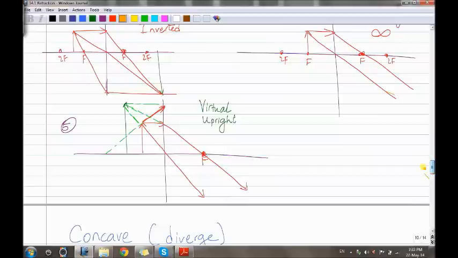And then finally the fifth case. This is the focal point, and this is the object here. When we draw the object, it will release rays that will be parallel, so it will refract back here through the focal point, but then we're going to draw dotted lines from here to here, connected till here.